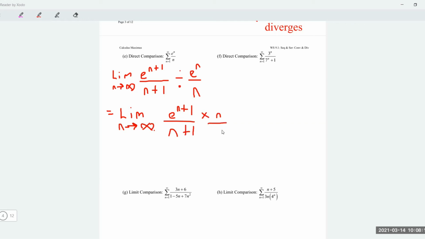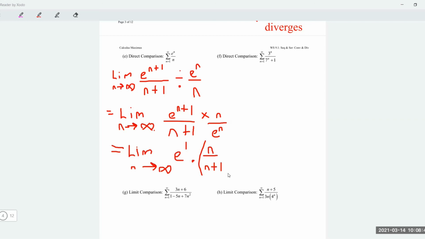Now e to the n plus 1 over e to the n is just e to the 1. So you get e to the 1 times n over n plus 1.